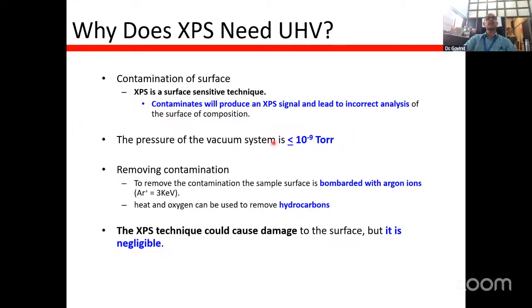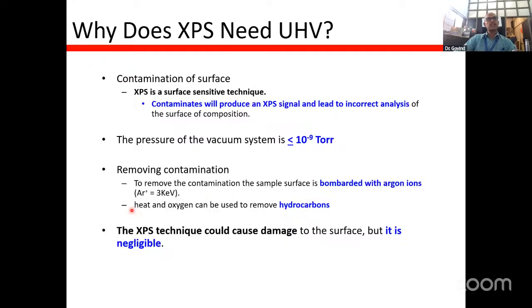How much ultra high vacuum is required? Typically a vacuum better than 10 to the power minus 9 torr is required to remove the contamination. Also, this XPS is incorporated with an argon gun, which is used to remove contamination from the surface by bombarding argon ions.